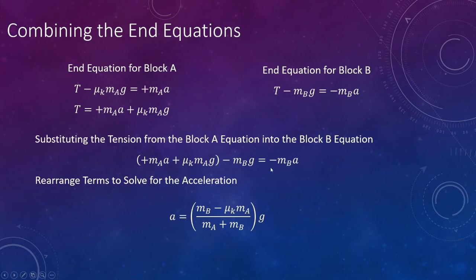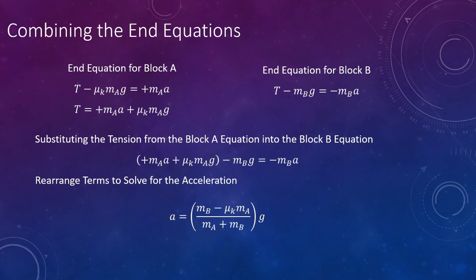And again, we assign a negative value here because it's moving in the minus y direction. And we know all these terms except for the acceleration, so we can rearrange stuff and we'll end up with this expression for the acceleration.